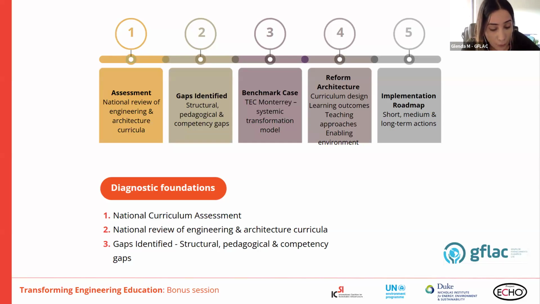And that informs a reform architecture covering curriculum, structure, competencies, pedagogy, and enabling conditions. And then we have the implementation roadmap with short, medium, and long-term actions. And it aims to go from pilot initiatives to full systemic integration. So we have in the short term university review and pilot sustainability-related courses.